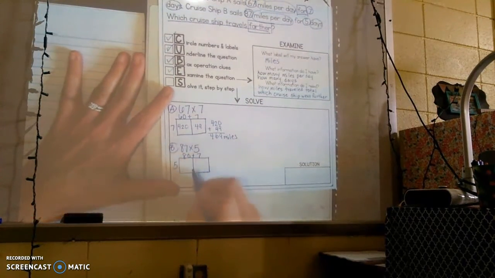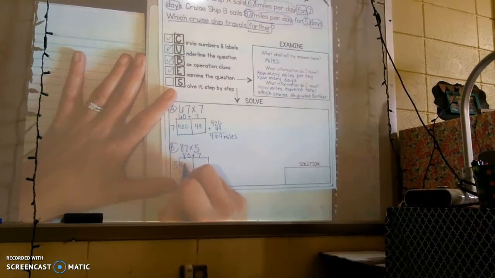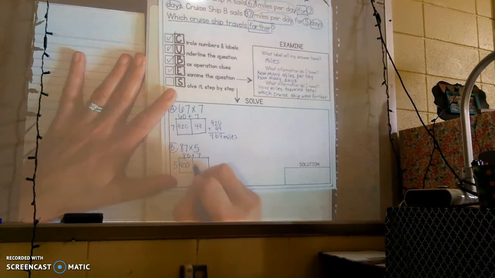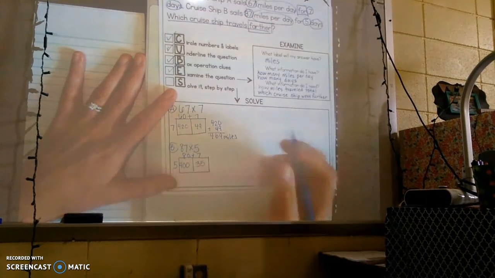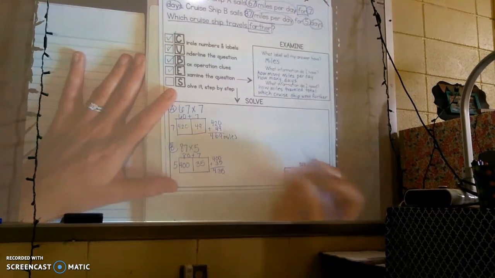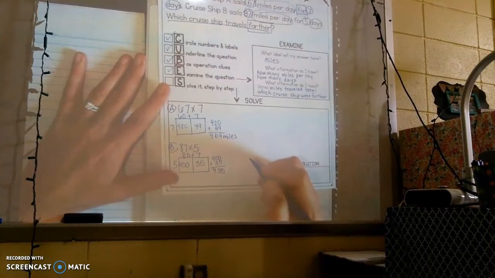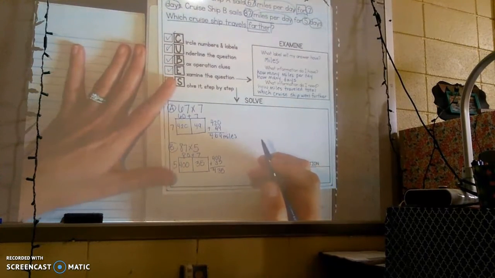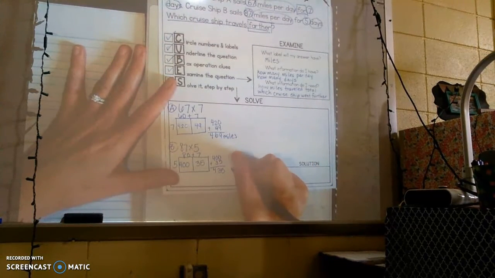Whatever one you like better works for you. 80 times 5 is 400. 7 times 5 is 35. And add those two numbers together to get 435 miles.